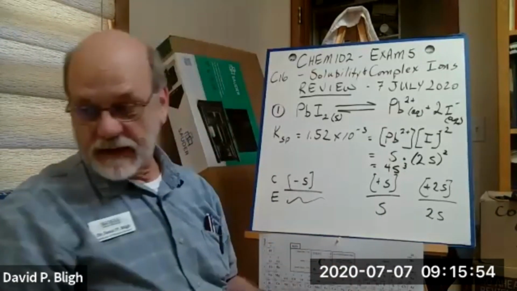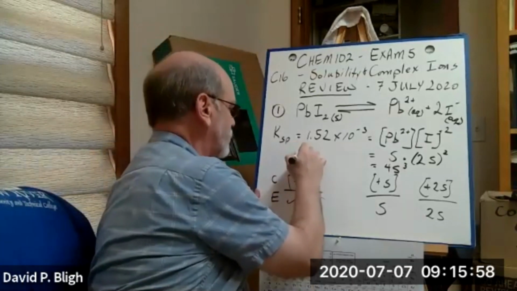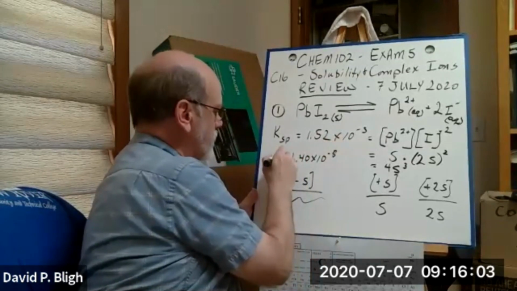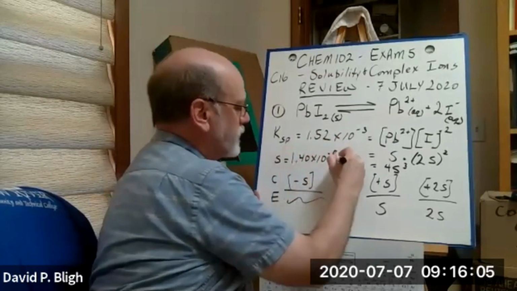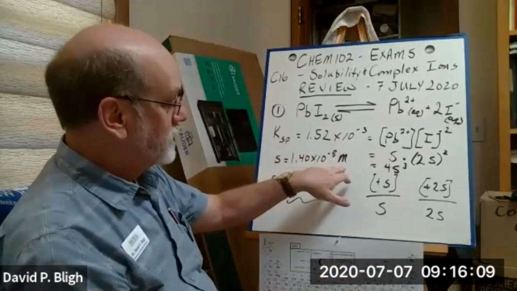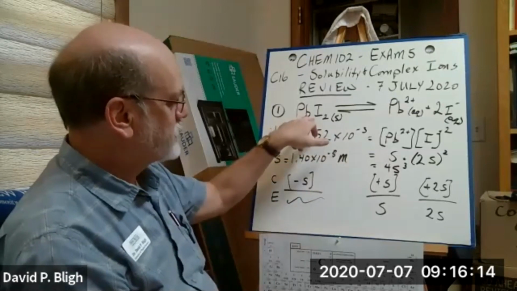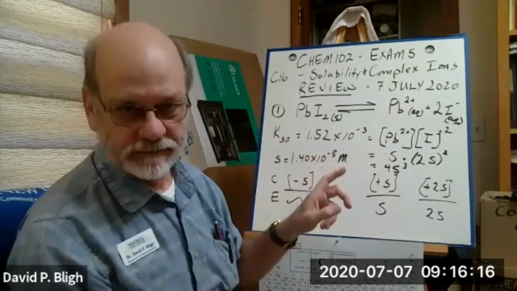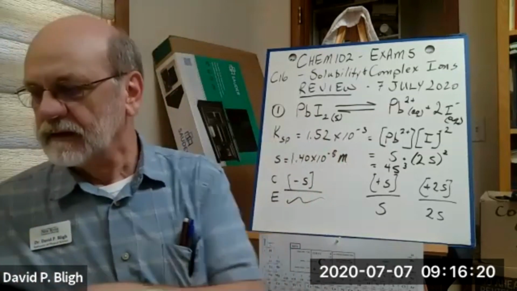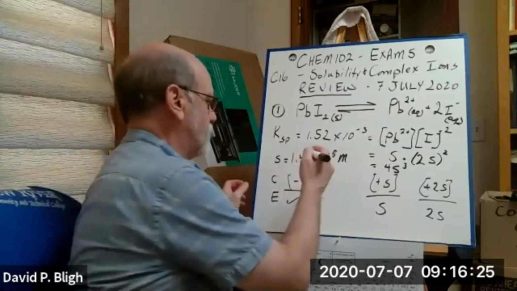And if we do that, and I did it correctly, the molar solubility is 1.4 times 10 to the minus 8 moles of this compound per liter. Okay? And that would be C.